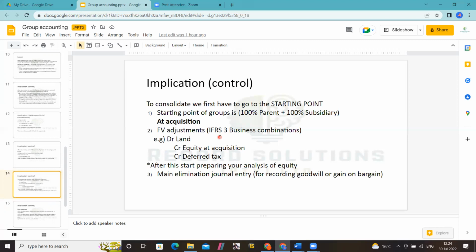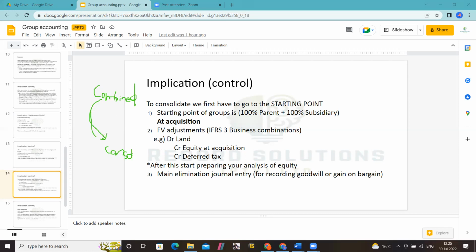What's happening? The first thing you have to know, and I'll also illustrate it again, is that the reason why we do group accounting is to go from combined, like I said last time, combined journal entries, to consolidated.